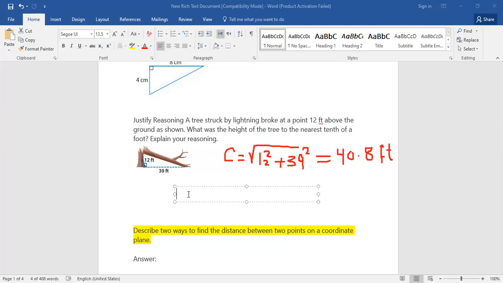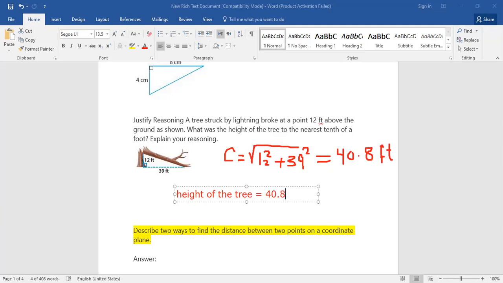But to calculate the height of the tree, what do we have to do? 40.8 plus 12.